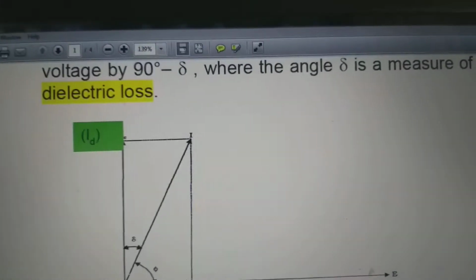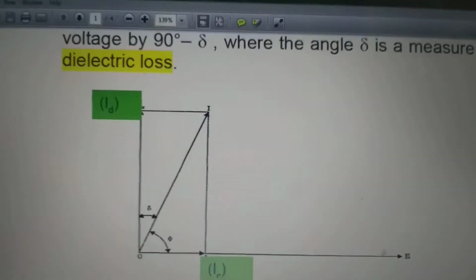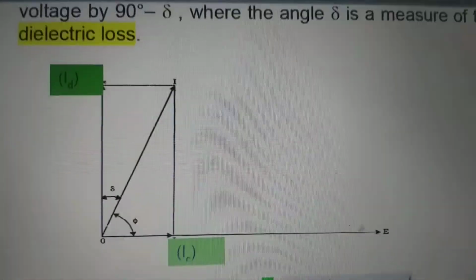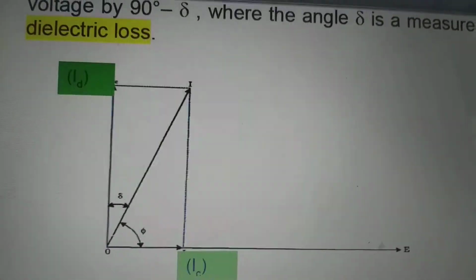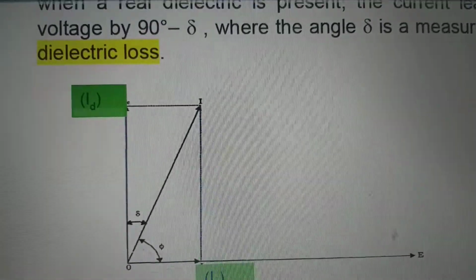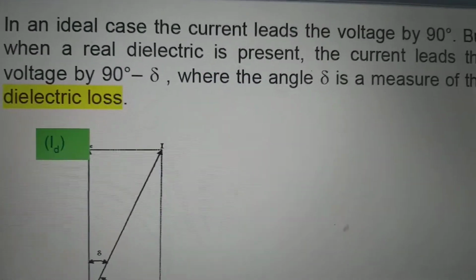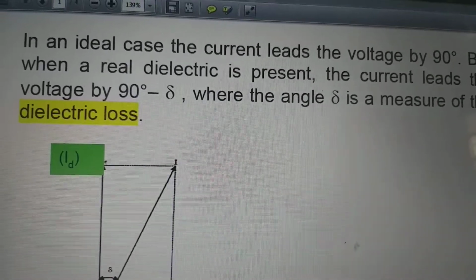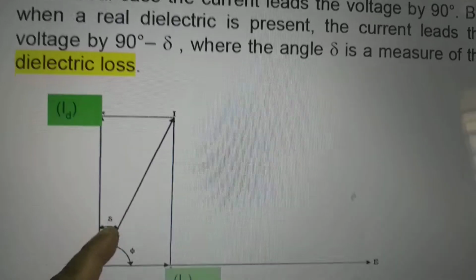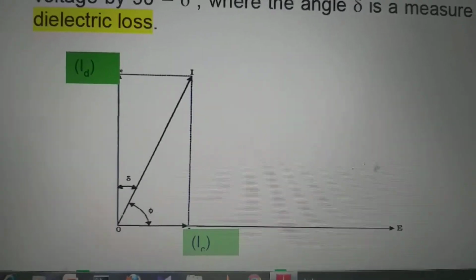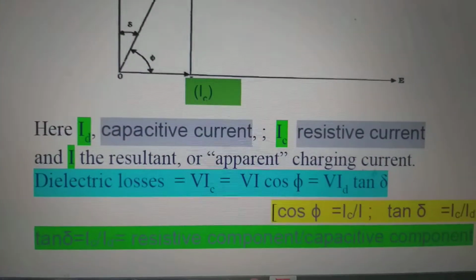Here ID is the dissipation current, IC is the resistive current which is in phase with the voltage, and I is the resultant current. So the current leads the voltage by 90 minus delta, where delta is equal to 90 minus phi.